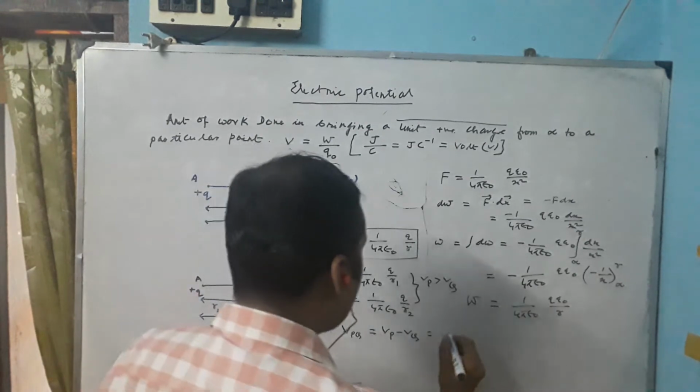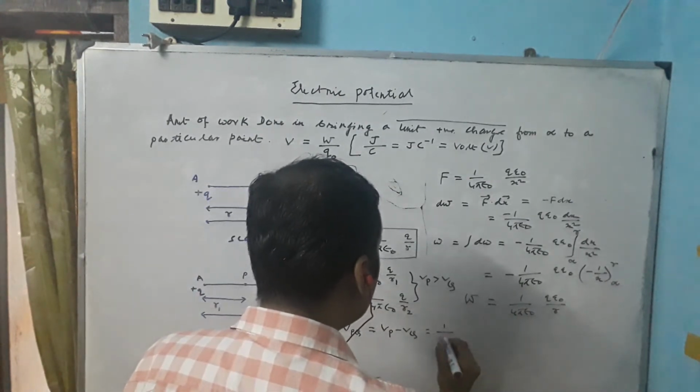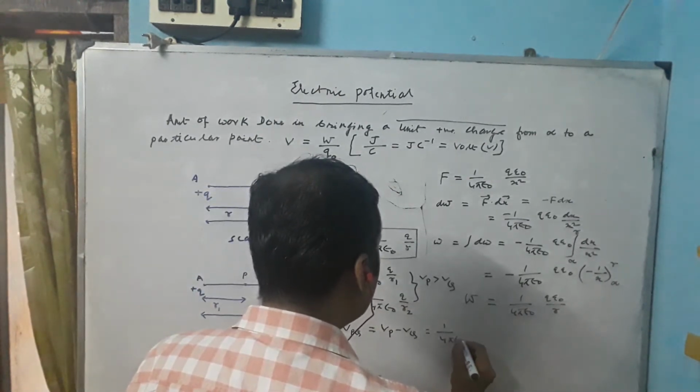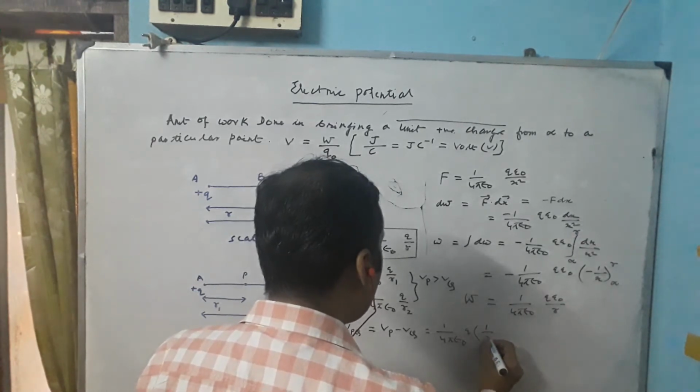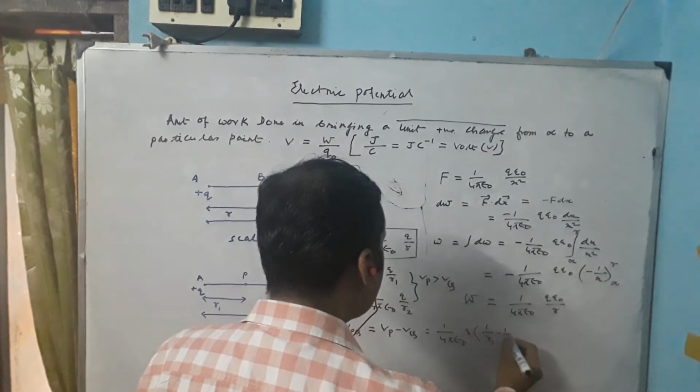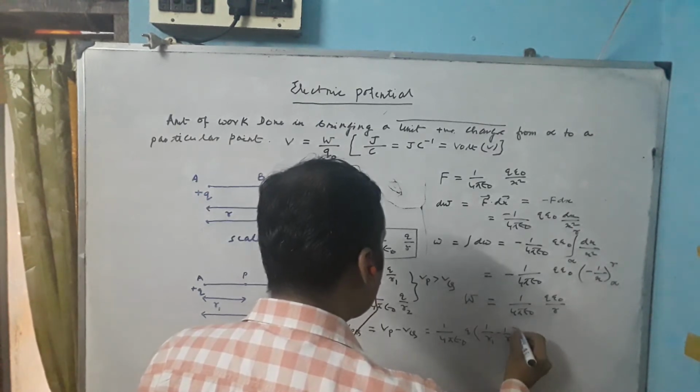Hence, if you substitute these two, you will get 1 by 4 pi epsilon 0 Q times the bracket 1 by R1 minus 1 by R2.